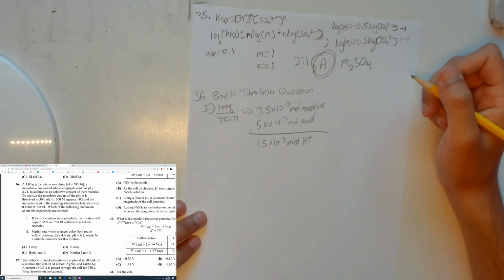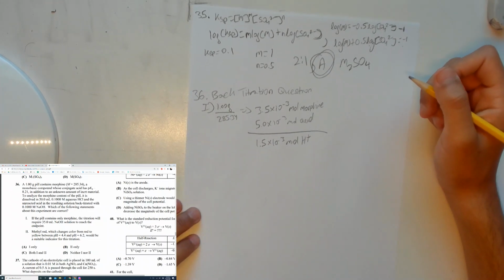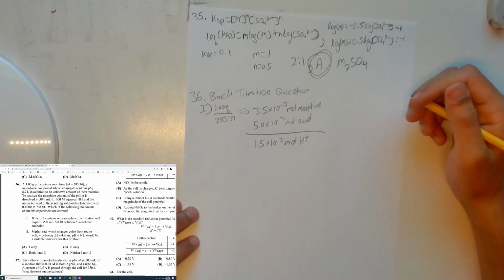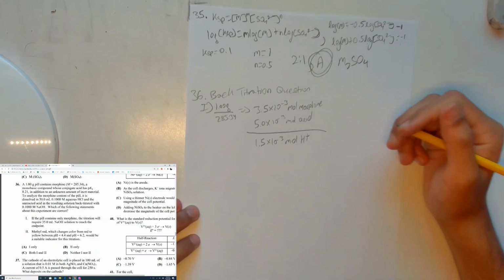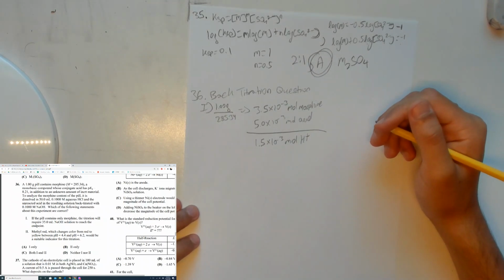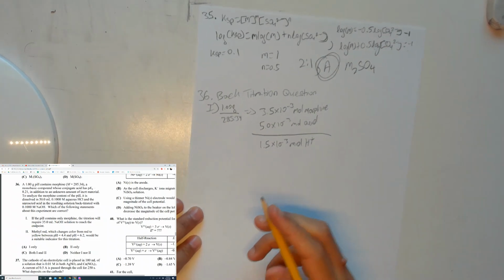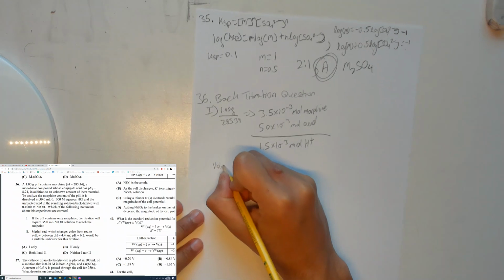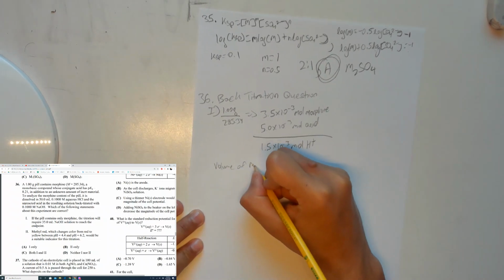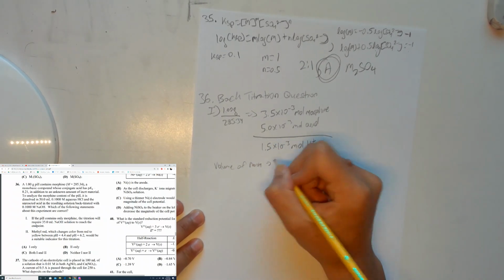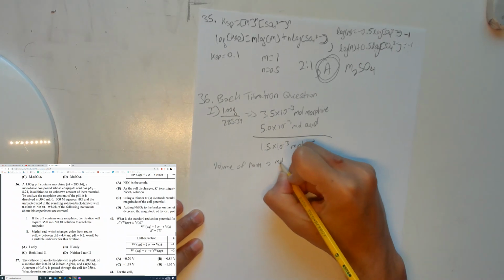Now you're going to use a back titration with NaOH to find this out. So the volume of NaOH needed is moles over molarity, which gives you liters.